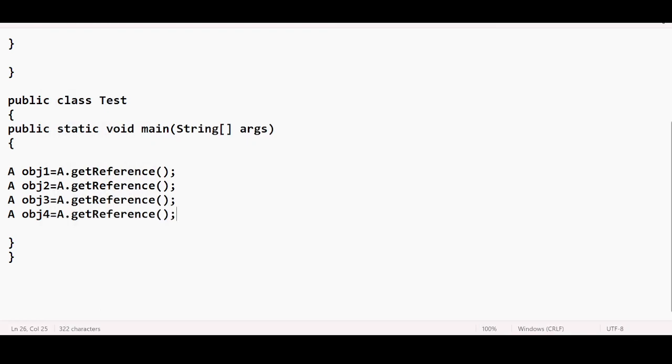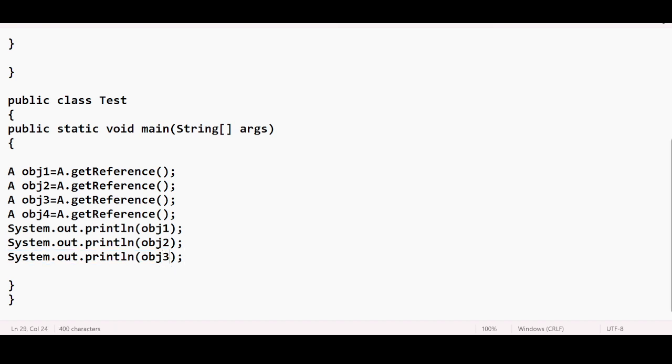I need to print this, right? System.out.println. Let us print all the reference variables obj1, obj2, obj3, and obj4.